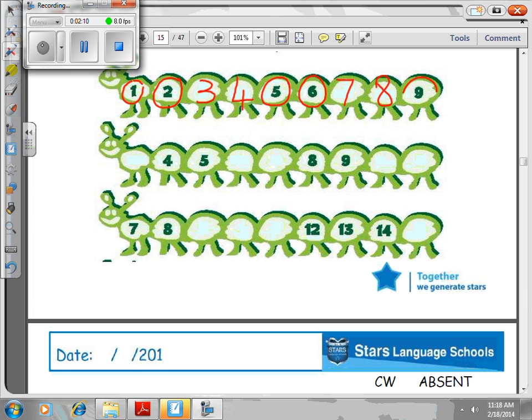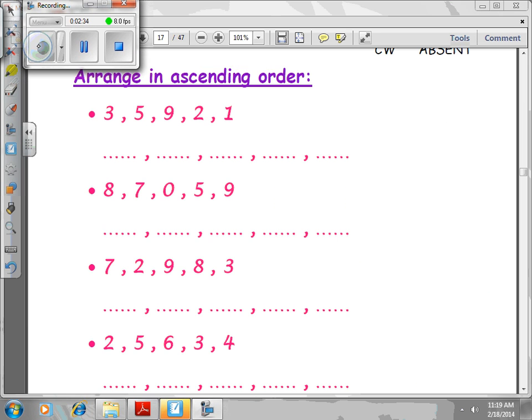After 8, 9. So here the numbers are put in the ascending order, because here we start with the smallest number, which is 1, and the numbers are getting bigger. 2 is bigger than 1, and after 2, 3, which is bigger than 2, and so on.